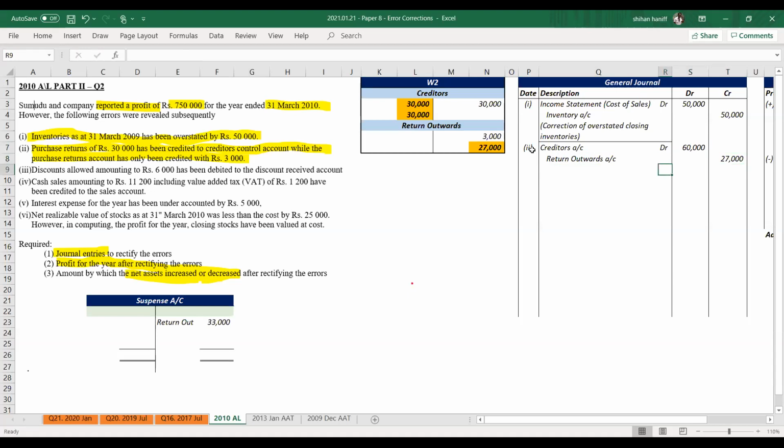So there is a difference, and only that difference we have to credit to the suspense account. What is the difference? 60,000 minus 27,000, 33,000. That's how we get 33,000.